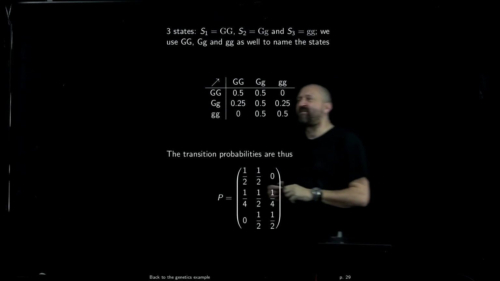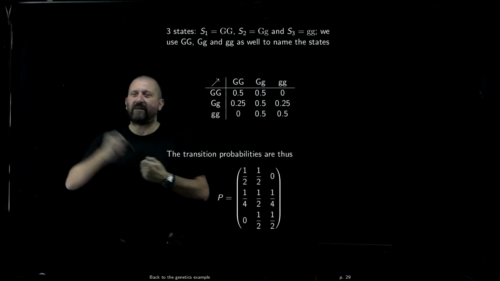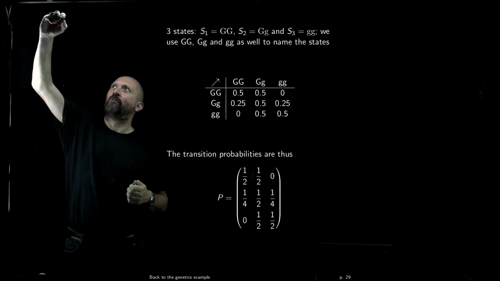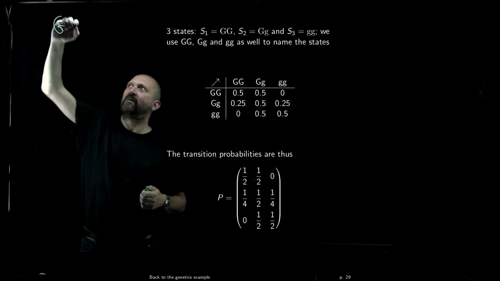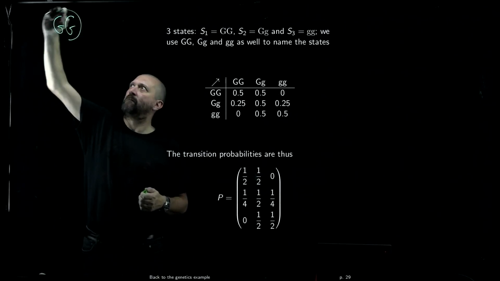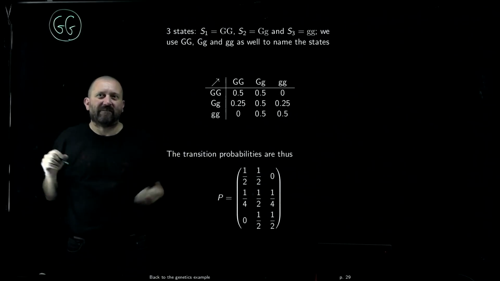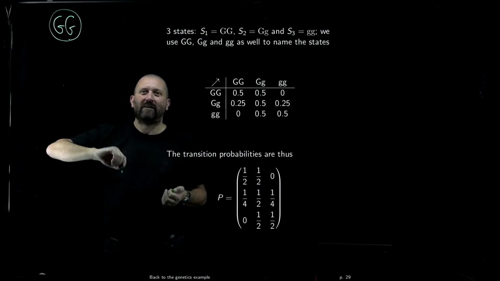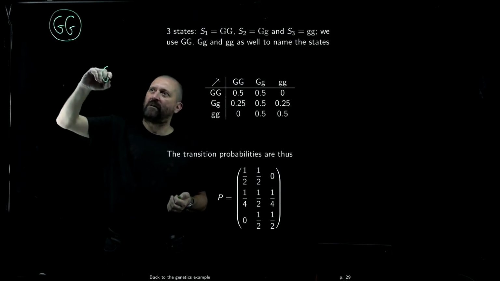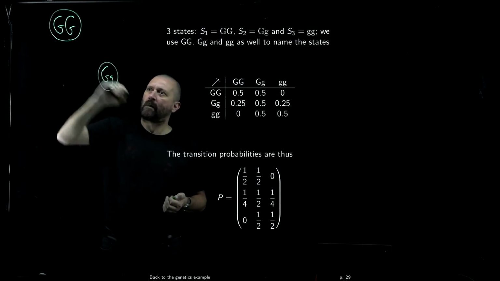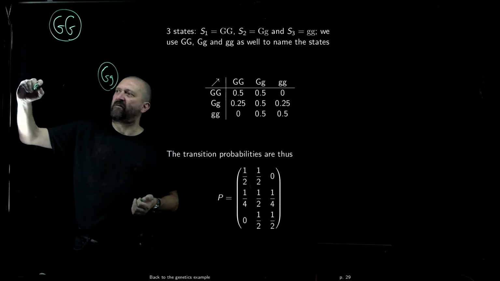So we have three states, which are indicated here. And I'm going to write the name of the states, because it's clearer if I say GG rather than S1. The second state is hybrid. And the third state is recessive.